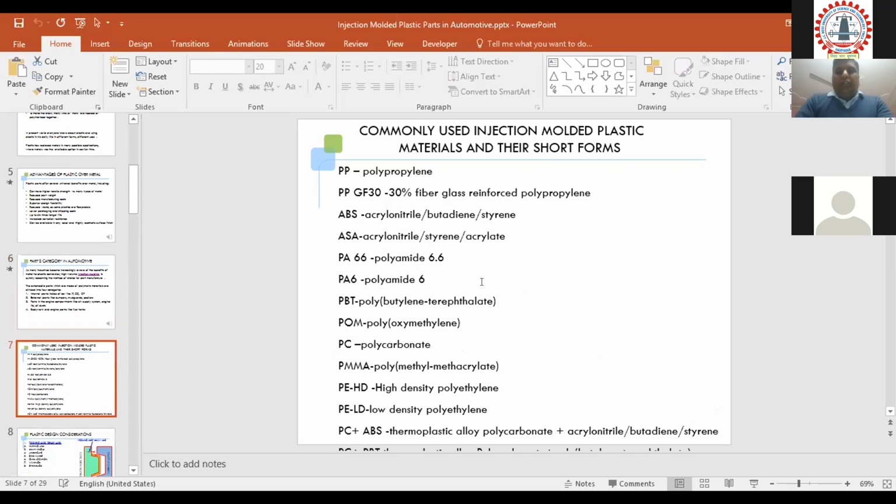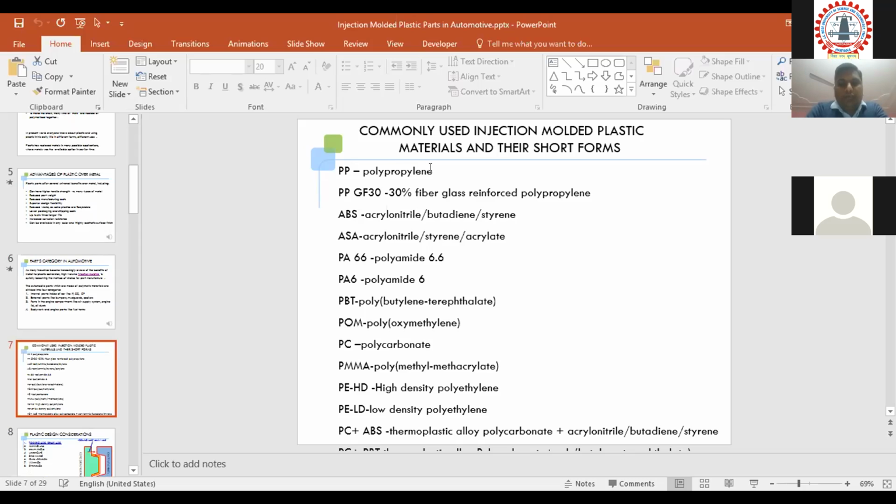These are the commonly used injection molded plastic parts. There are many varieties, many grades available in the market as per their properties, composition, and make. Infinite numbers of grades are available, but these are the basic materials which are commonly used. The first one is PP, polypropylene, which is mostly used for bigger parts.